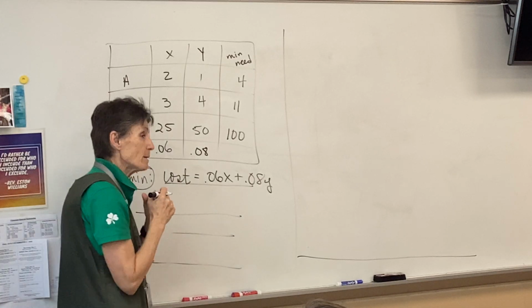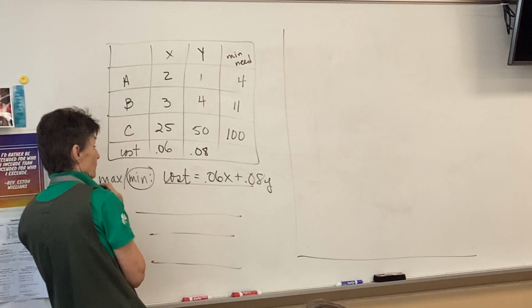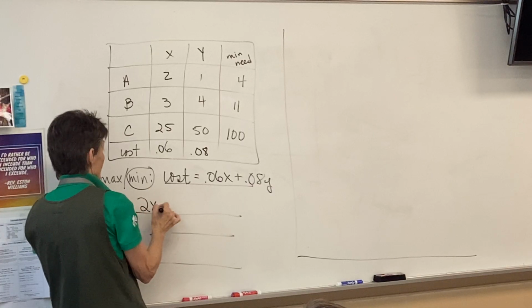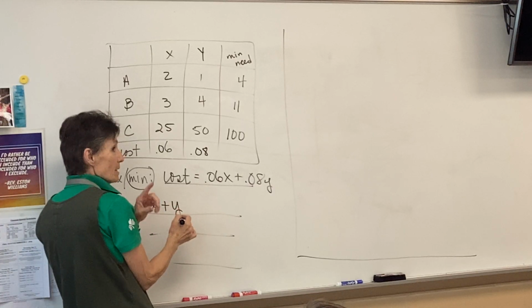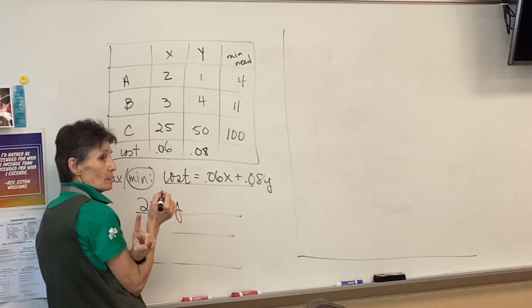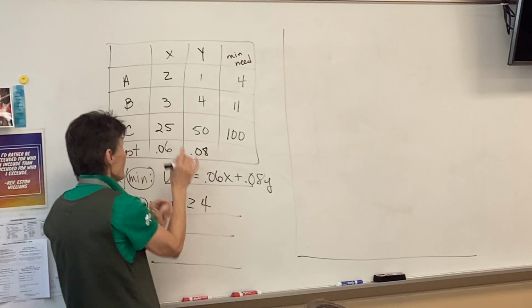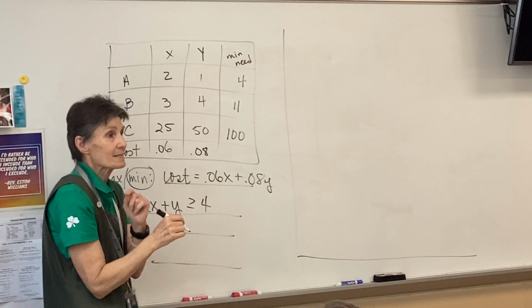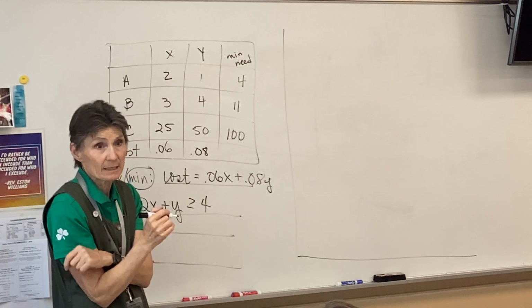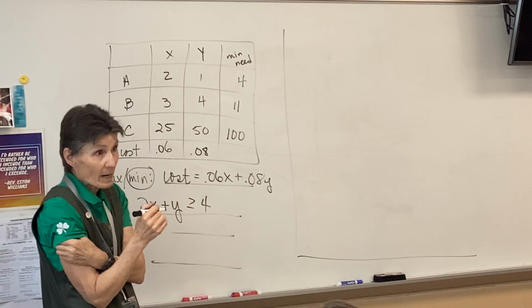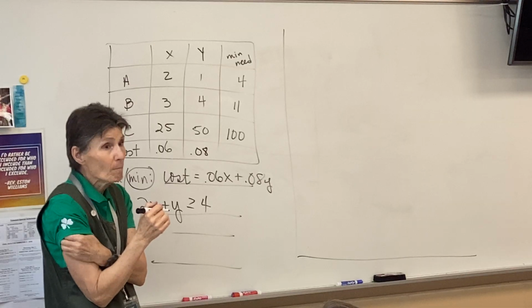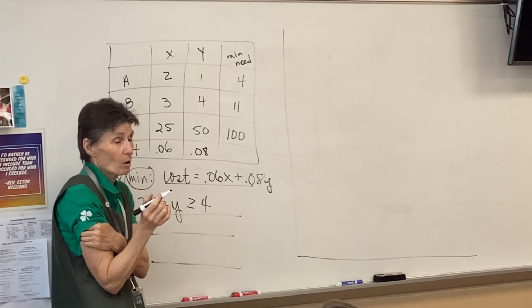Now, what are my constraints? 2x plus y, and this is important. Less than or greater than? Greater than, because that 4 is his minimum daily need. Right, kids? So you've got to have 4 or more.